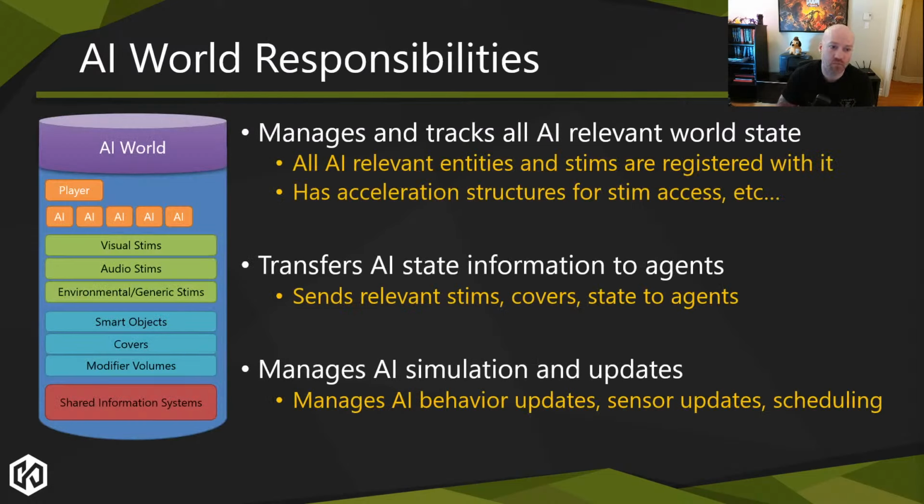So, for example, I'm mentioning Stims. We're going to get to Stims later, but they're basically just events that happen in the world. Functionally, the AI world just has everything relevant to AI. It potentially has acceleration structures for certain things like every audio event that happened in the game.